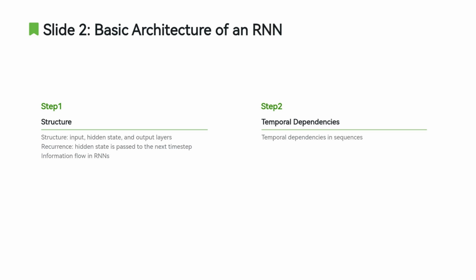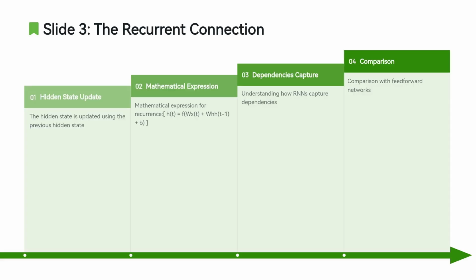and speech synthesis. At the heart of RNNs is the recurrent connection that passes information from one time step to the next. Mathematically, the hidden state at time step t is updated as a function of the current input x_t, the previous hidden state h_{t-1}, and the weights of the connections.